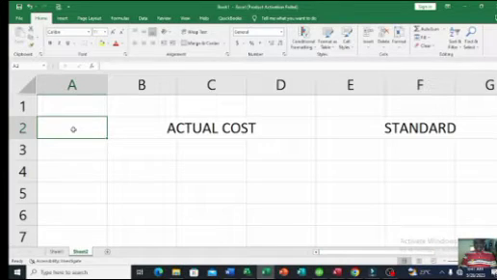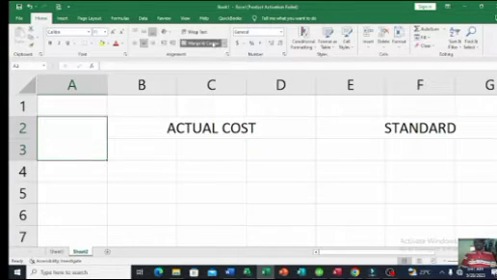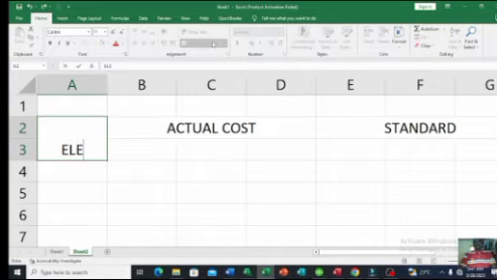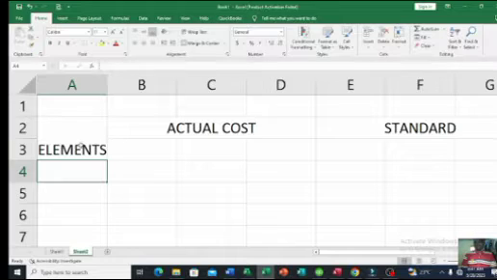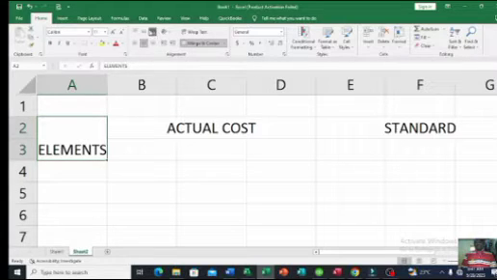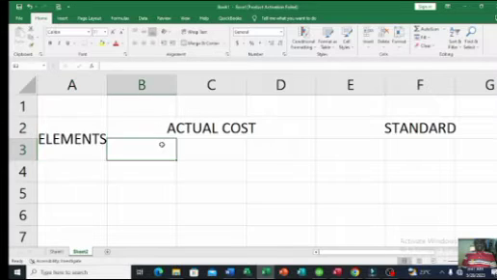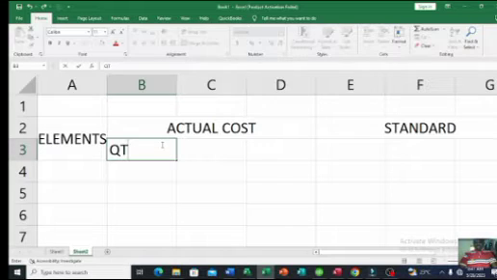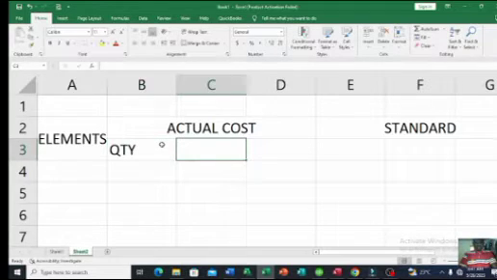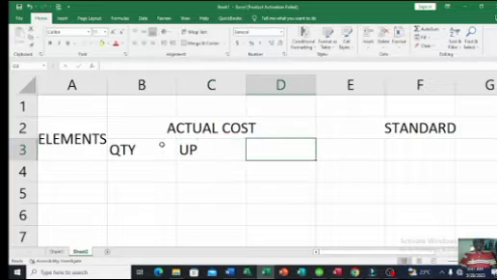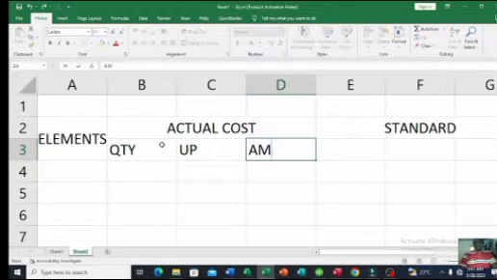So here I'm going to have my element. Let me just merge these two together. So I have element, and then what am I going to have? I'm going to have the quantity, since all these things are in the question, unit price, and then amount.